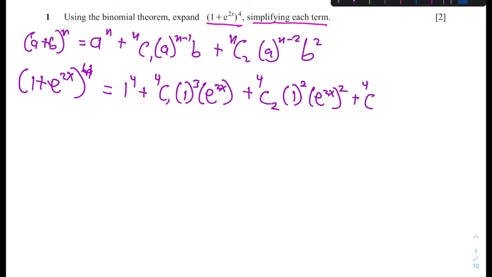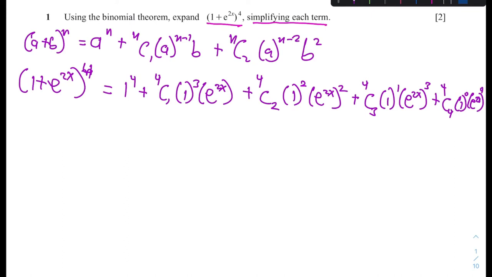Then we have 4 combination 3, 1 to the power 1, and then e to the power 2x all to the power 3. Then finally we have 4 combination 4, 1 to the power 0, of course, and then e to the power 2x all to the power 4.